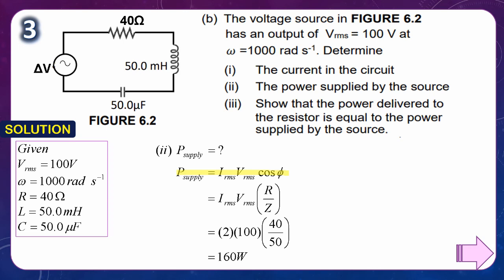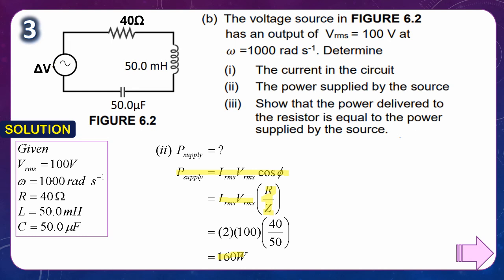Cos phi is the power factor, which is equal to R over Z. So we substitute cos phi as R over Z, and then we substitute the values for IRMS that have been calculated in 3b1 and VRMS. So we get the power supplied by the source equal to 160 watt.